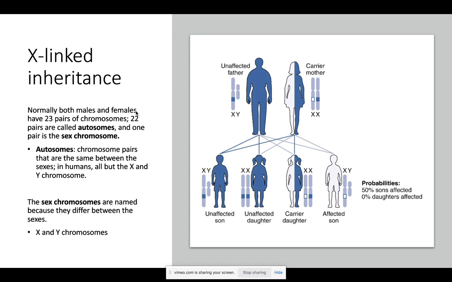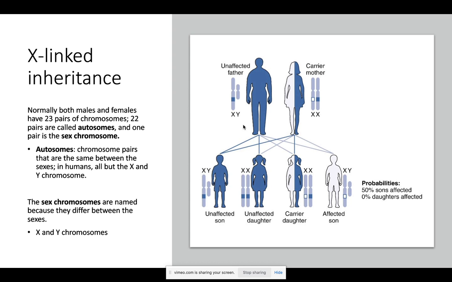So here we'll start out. The text says normally both males and females have 23 pairs of chromosomes. 22 of those are called autosomes, and autosomes is just a word that means that these are chromosomal pairs that are not the X or the Y chromosome. The X and the Y chromosome are what make up your genetic sex, what characterizes you as male or female.